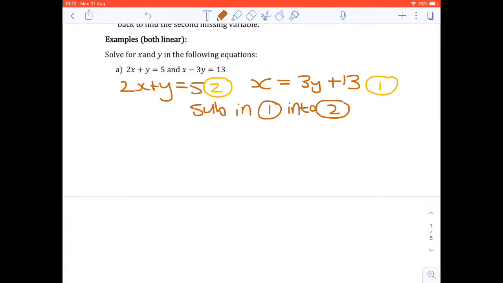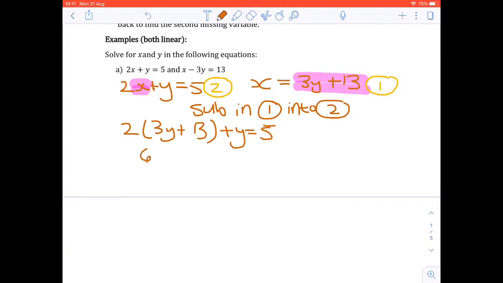So this means in equation 2, whenever we see an x, we're going to substitute in 3y plus 13. So 3y plus 13 will go in x's place. So 2 open bracket 3y plus 13 close bracket plus y equals 5. And now we solve.